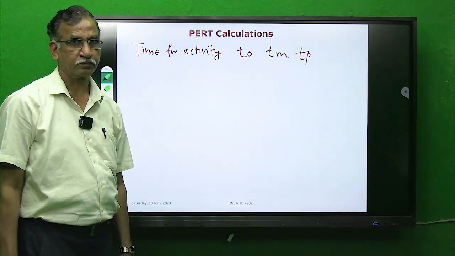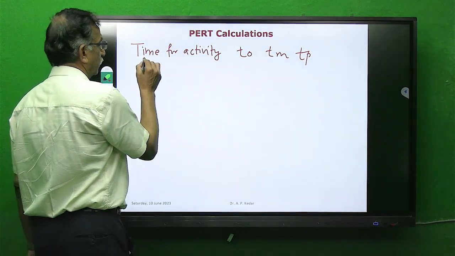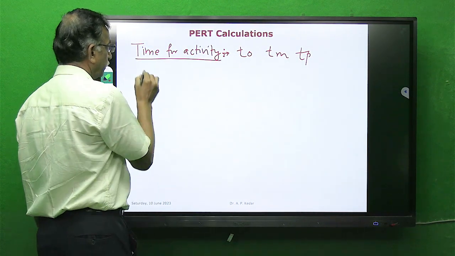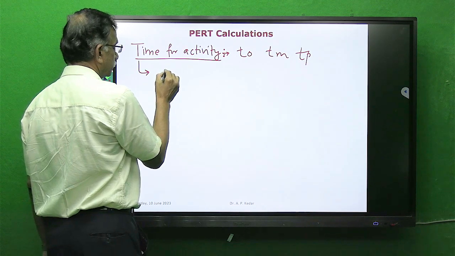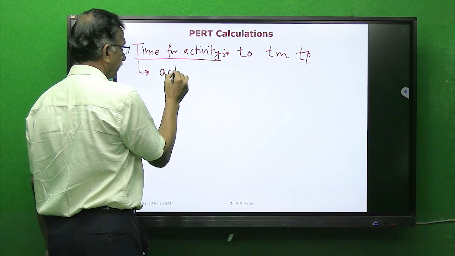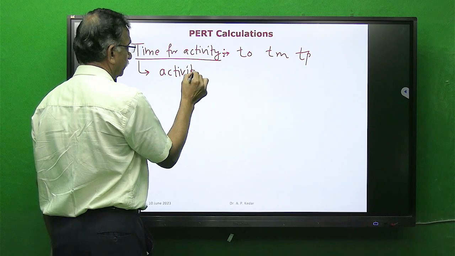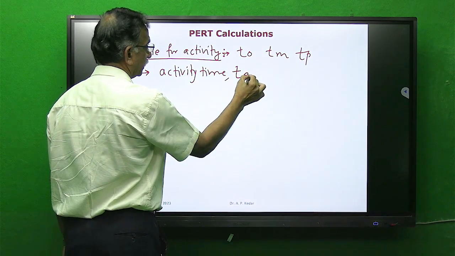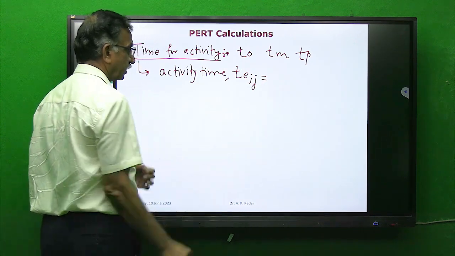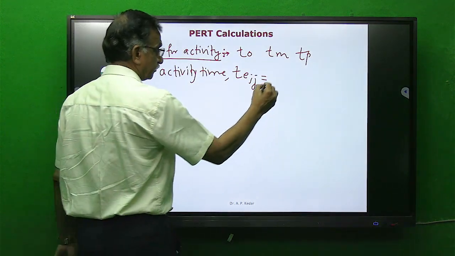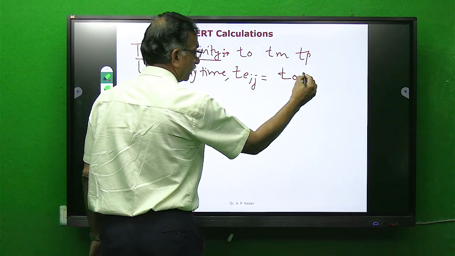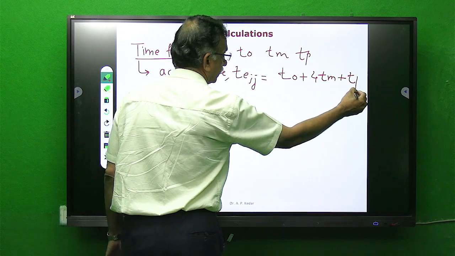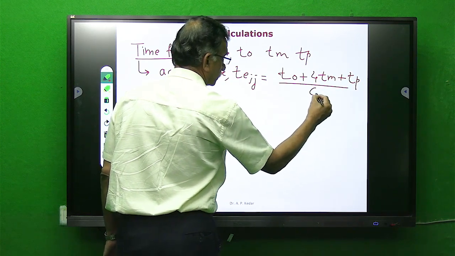Usually this is the sequence. Time for activity will be given in this fashion. What we have to do is we have to estimate activity time, which is referred as TEIJ, as TO plus 4 times TM plus TP by 6.